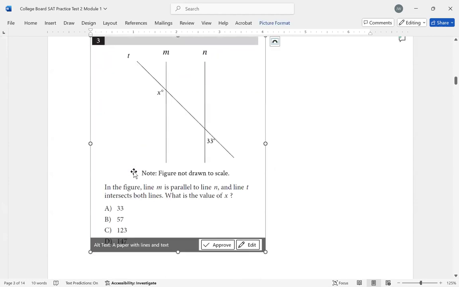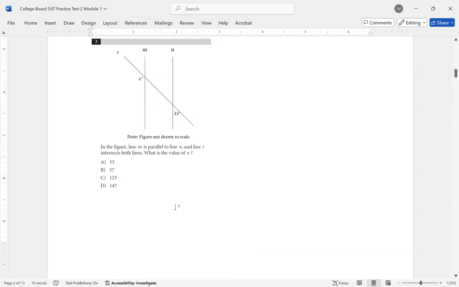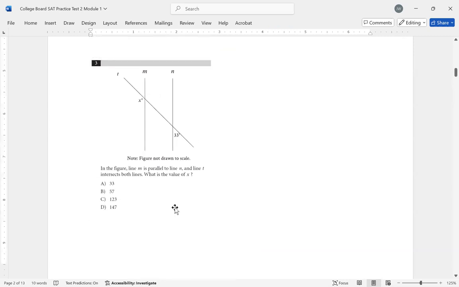Question number 3, let me make this a little bit smaller. Question number 3 says, in the figure, line M is parallel to line N, and line T intersects both lines. What is the value of X?